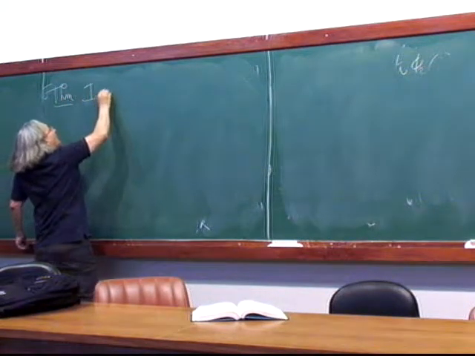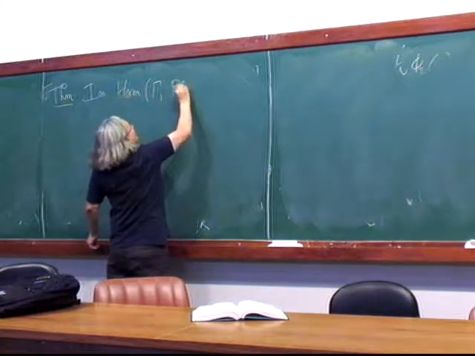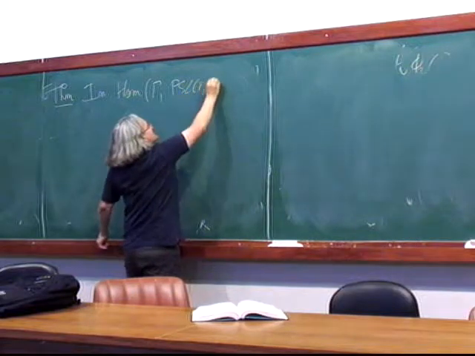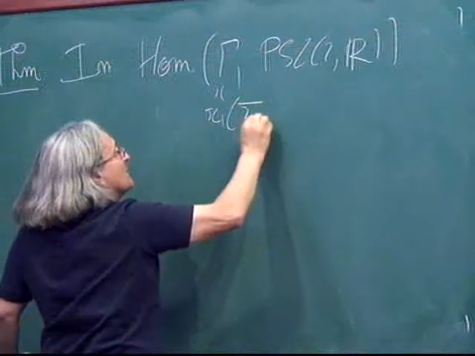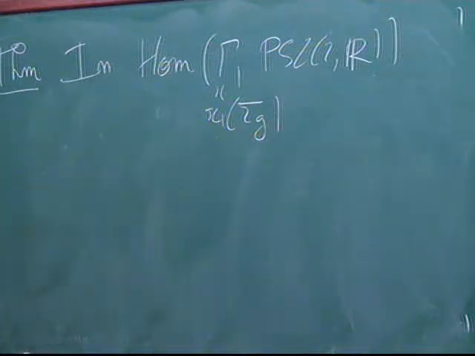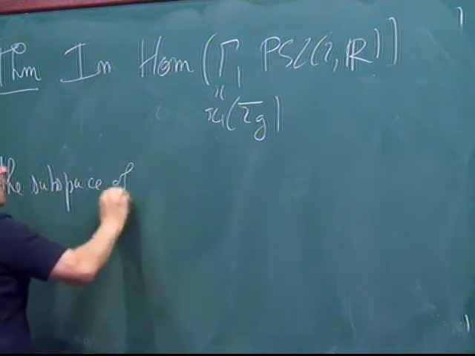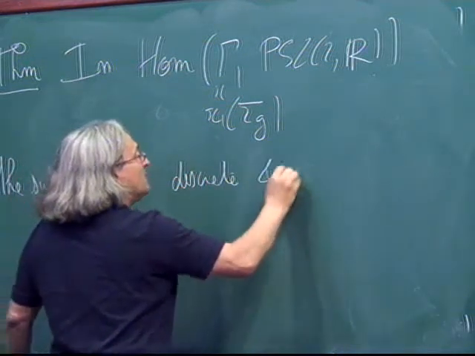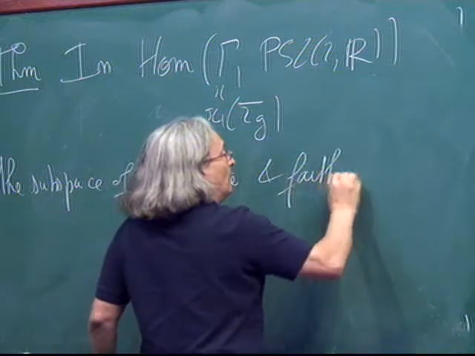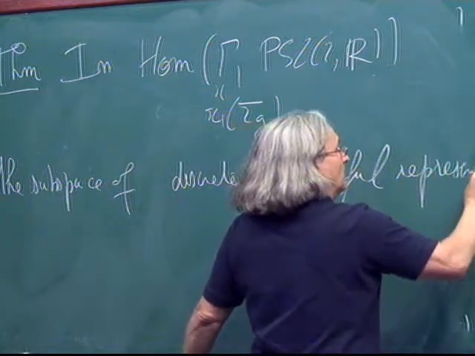In Hom(Γ, PSL(2,R)), so all representations from the fundamental group of a surface Σ of genus g to PSL(2,R), the subspace of discrete and faithful representations is open.